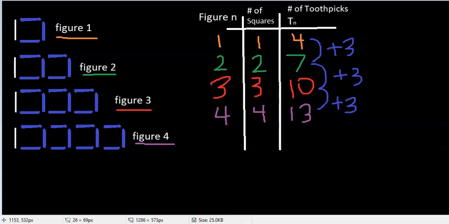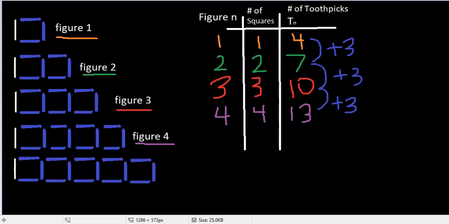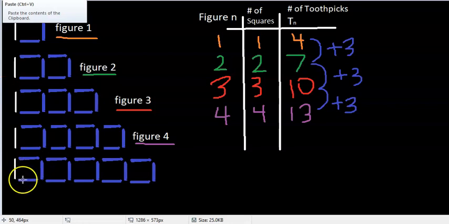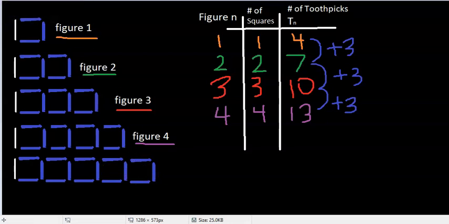So I'll go ahead and start with my first toothpick for figure 5. Since my figure 5 has 5 squares, I'll make sure to add 1, 2, 3, 4, and 5 groups of 3 toothpicks to make my 5 squares. 1, 2, 3, 4, 5 squares for my figure 5.